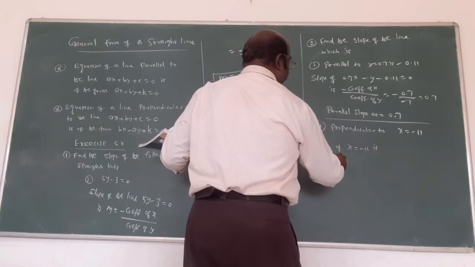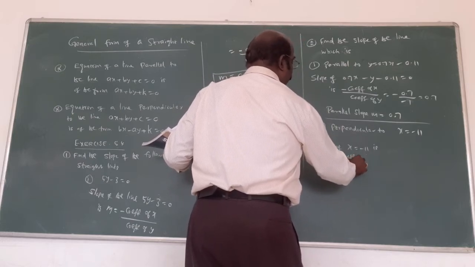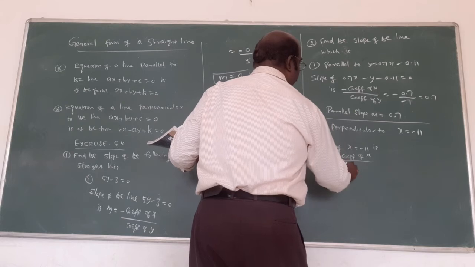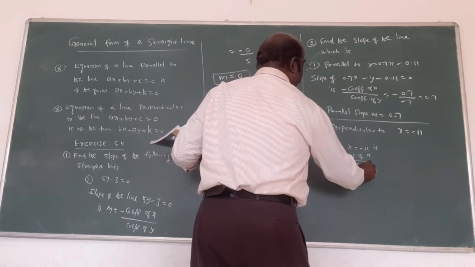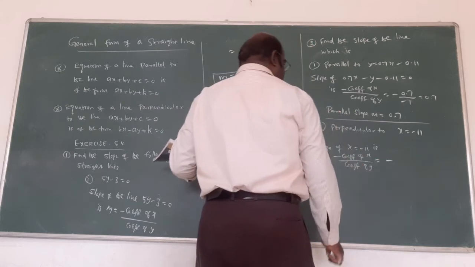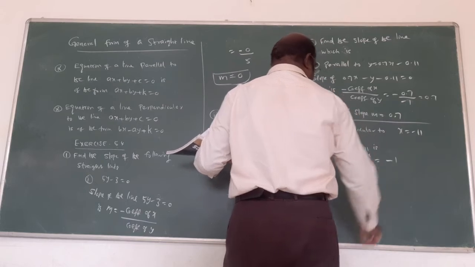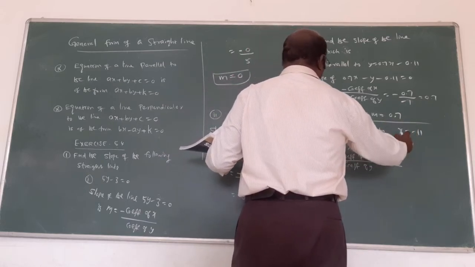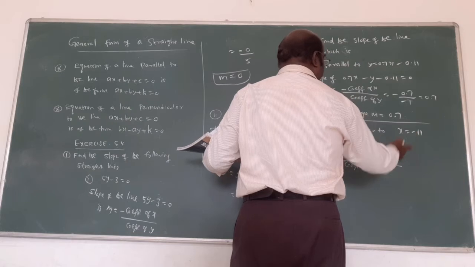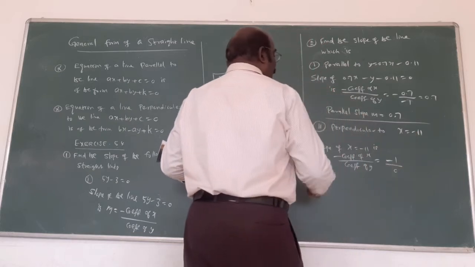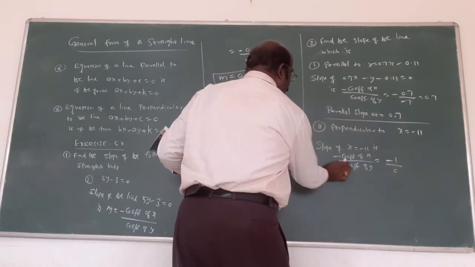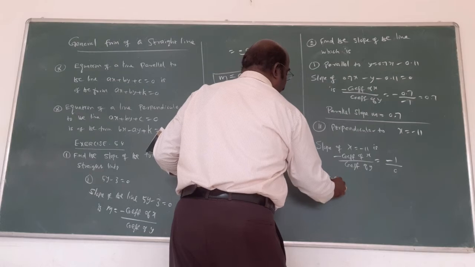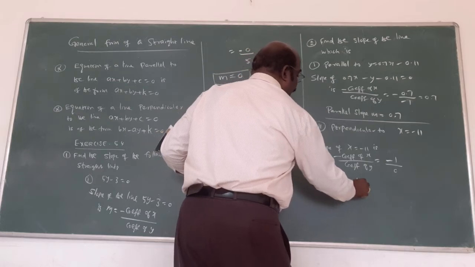The slope of x equal to minus 7 is what? What's the formula? Minus the coefficient of x by the coefficient of y. The slope is 0. Okay? But what is asked? The perpendicular slope is asked. The word is what? Perpendicular.